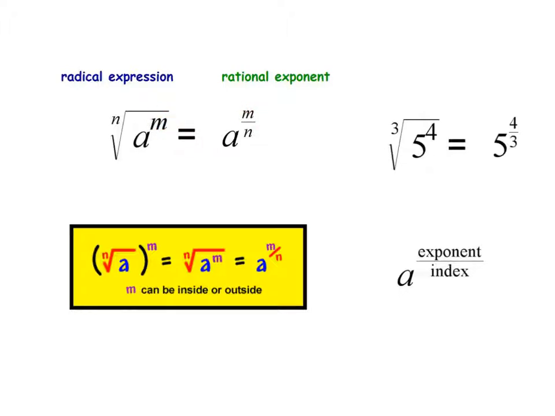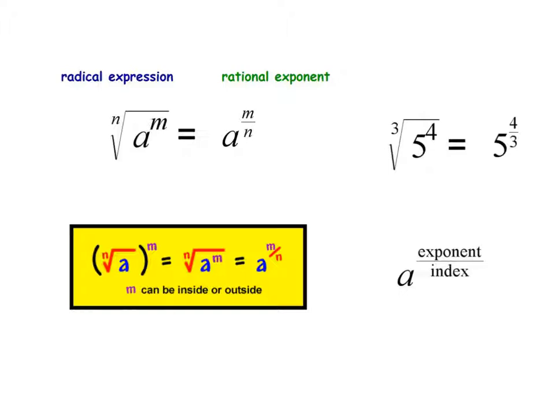For example, the cube root of 5 to the 4th power can be rewritten as 5 raised to a rational exponent. The exponent 4 goes in the numerator, the index 3 goes in the denominator.